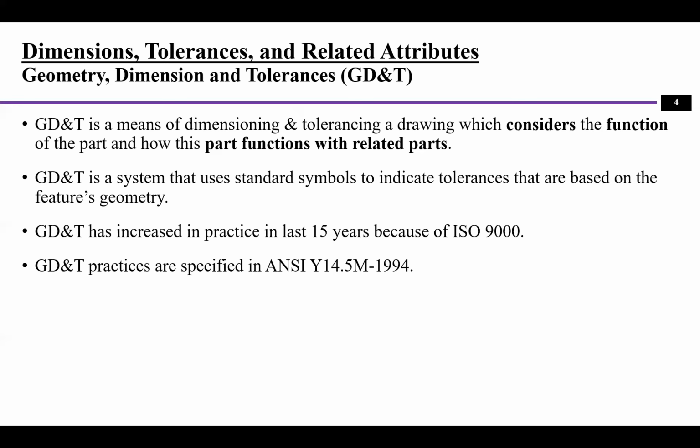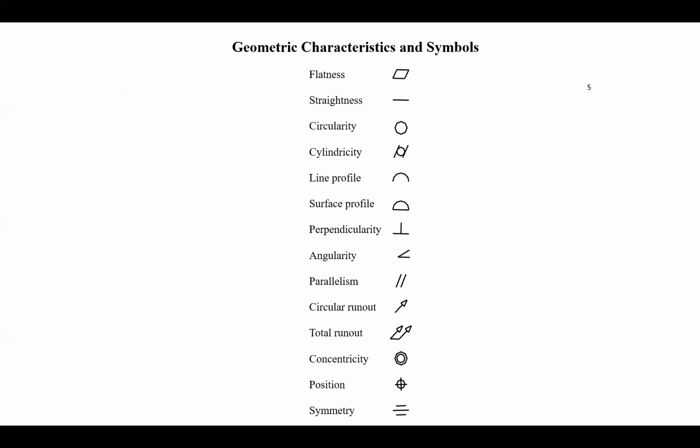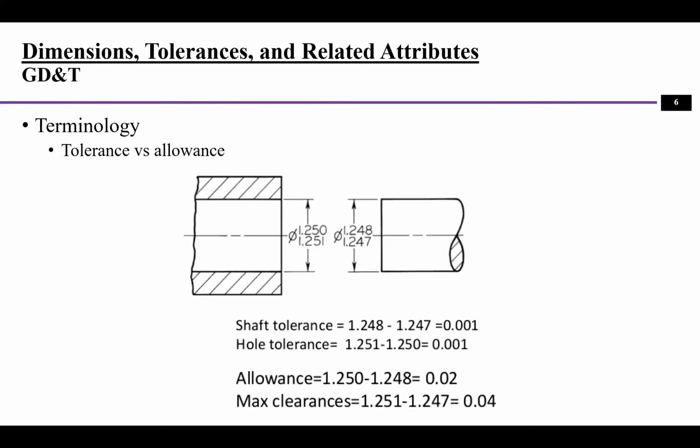It's a very common system of symbols that people have been using in many countries in engineering drawings. Also, some standards have been developed as well, for example, in ISO 9000. These are the typical common symbols you may see in engineering drawings, from flatness to symmetry. And we're gonna go through each one of those in this lab.